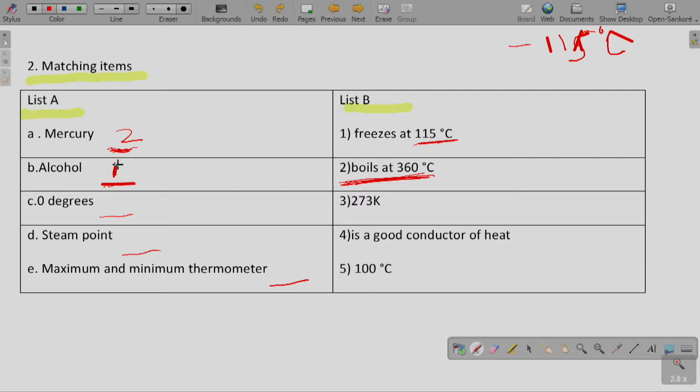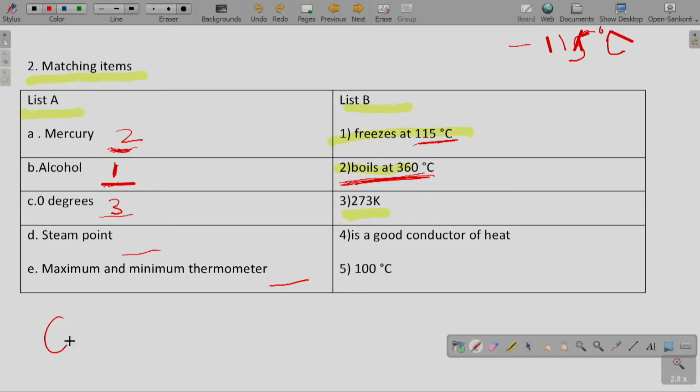Then I have the third option, 0 degrees. Since I have already chosen 1 and 2, I cannot choose them again, so I am left with three options. For 0 degrees, the most likely answer is 3, 273 Kelvin. So I write here 3.